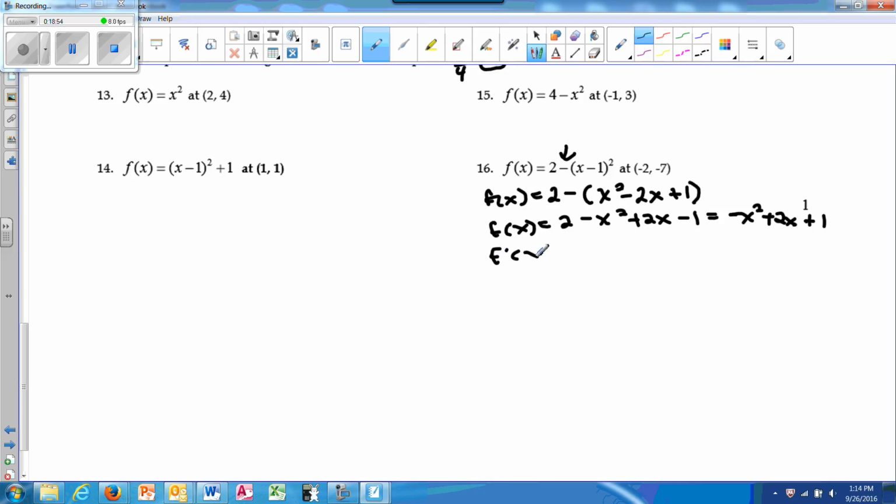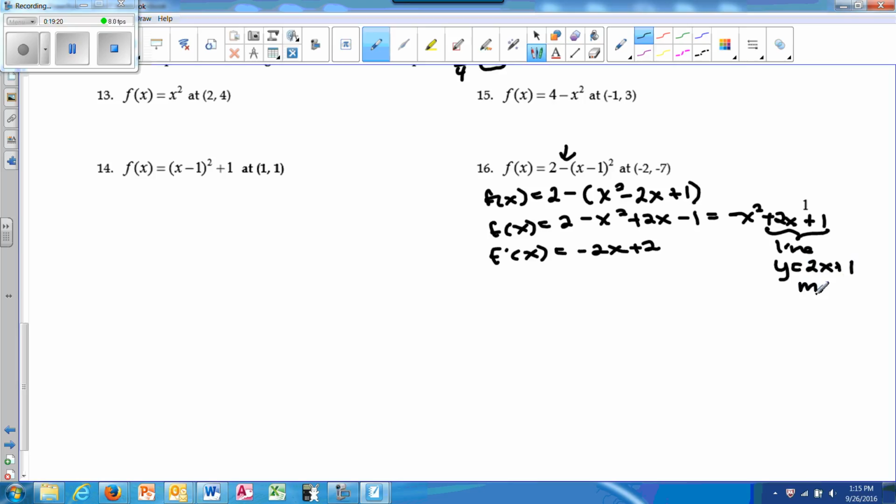So x squared minus 2x plus 1 is still just the second term. I have to distribute the negative to the second term. So 2 minus x squared plus 2x minus 1 simplifies to be negative x squared plus 2x plus 1.